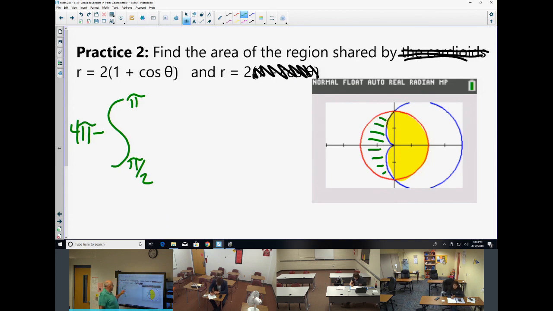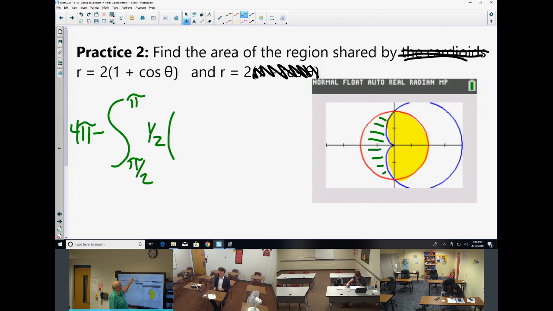Okay, and then 1/2 times. Okay, so the big R is which one? What's the function for the big R? 2 times 1 plus cosine theta. No, that's the blue. That's in here. See, the big R here is going to be just 2, because it's the circle.